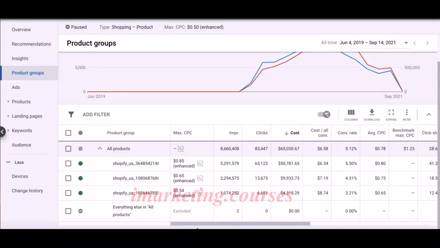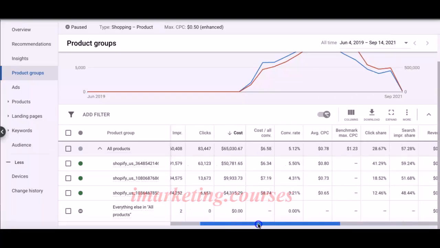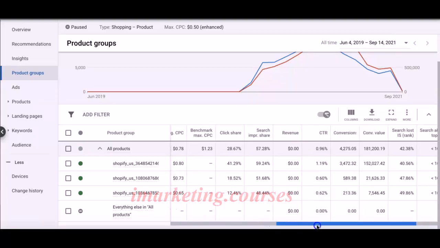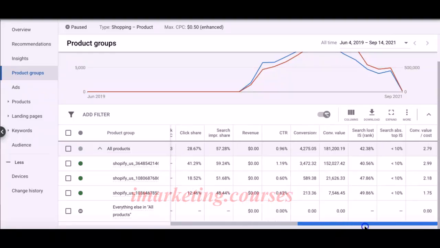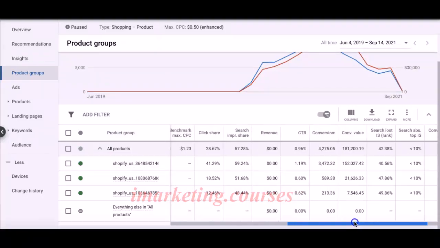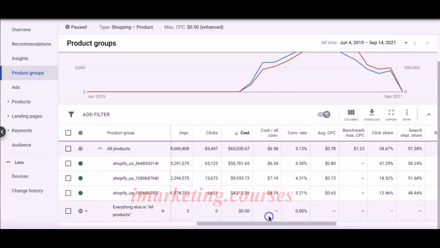So basically, we have a super high cost per purchase, potentially, and also a low ROAS, and then a high cost. That could mean that you're bidding too much. And Google's quite funny, actually.